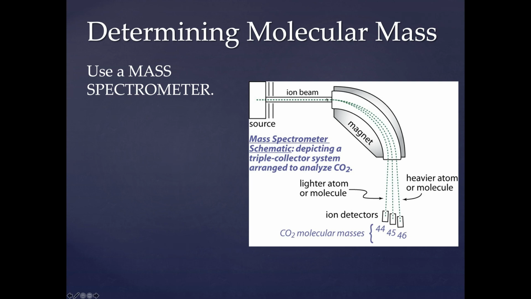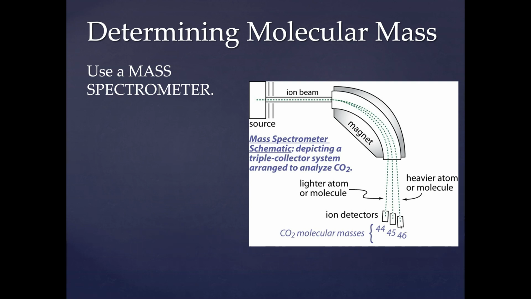The heavier the ion is, the wider it's going to take this turn. And so you calculate for each ion detector what mass it's detecting. In this example, any ion that takes this sharp a turn has a mass of 44. Any ion that takes this sharp a turn has a mass of 45. And likewise, a mass of 46 is heavier, so it takes the turn wider.